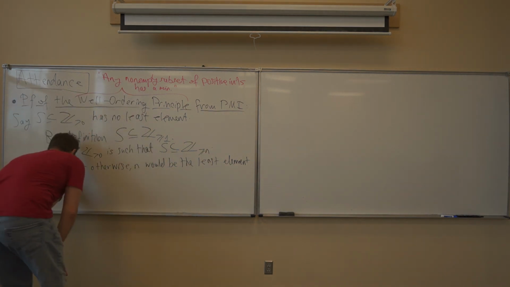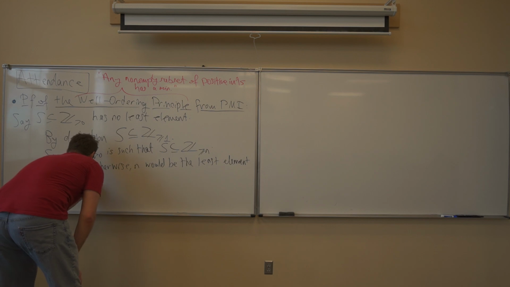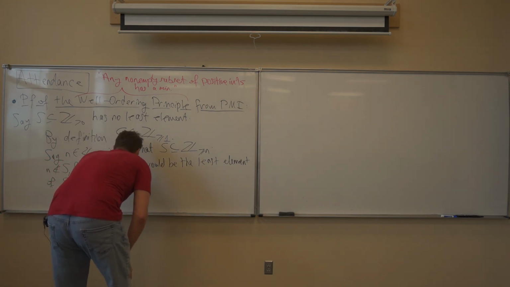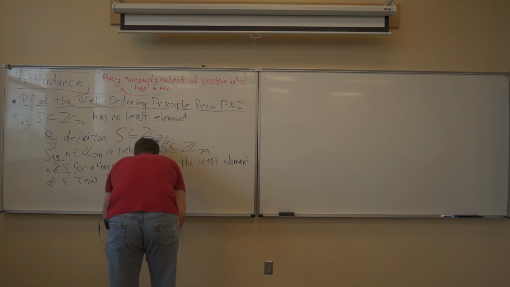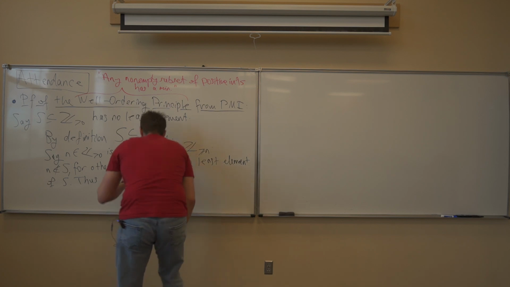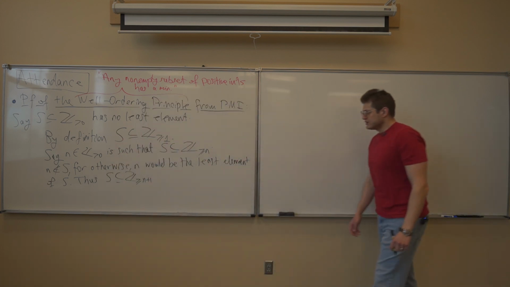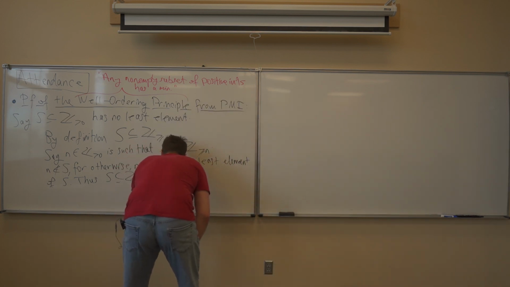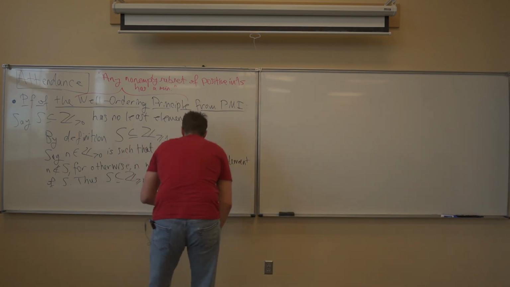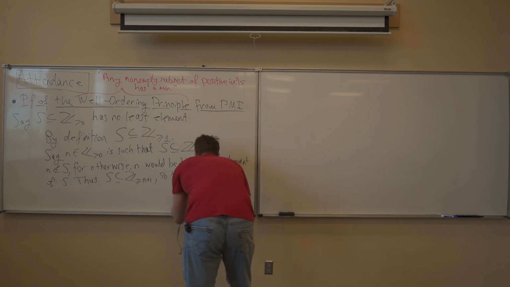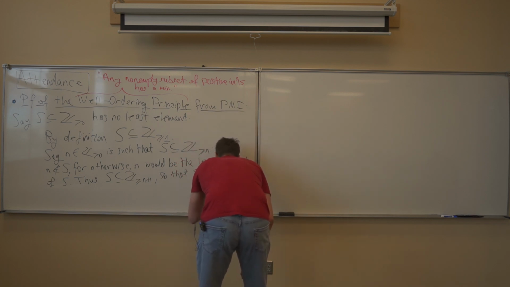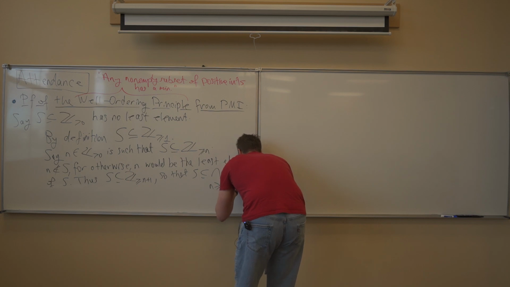Thus, S is included in the set of all those integers bounded from below by n plus 1, so that S really is in the intersection of all of these guys.